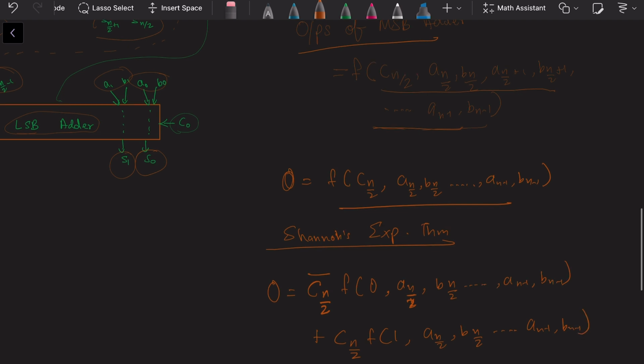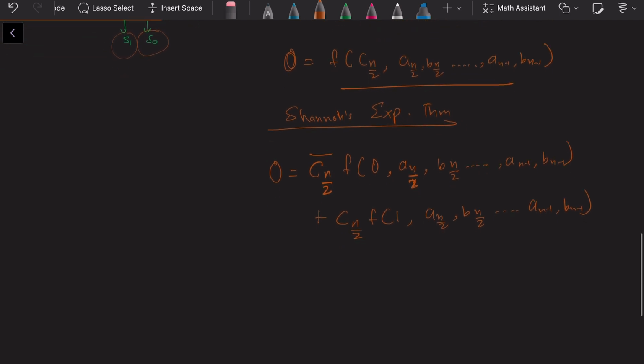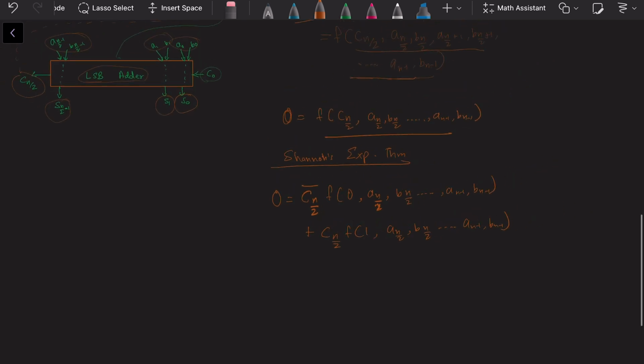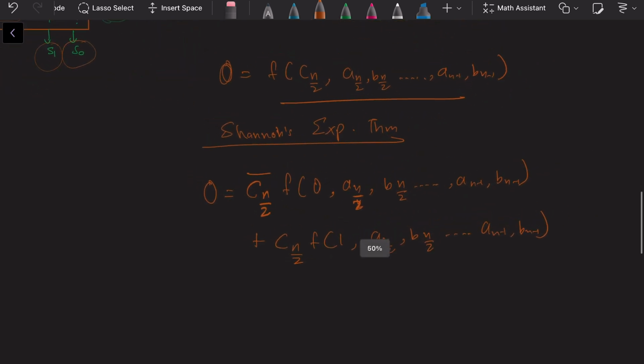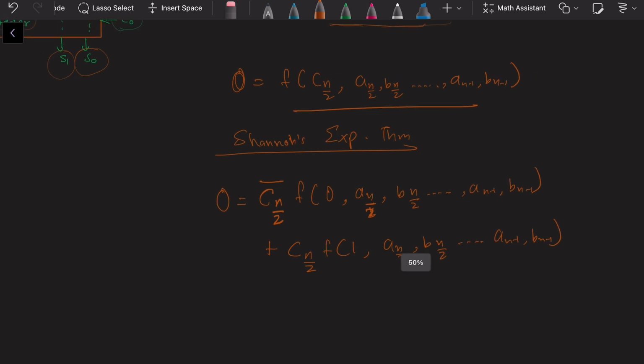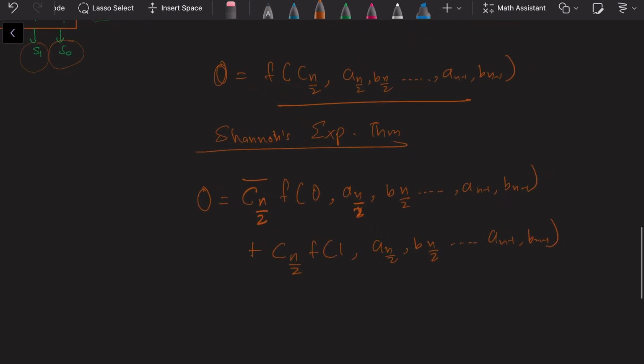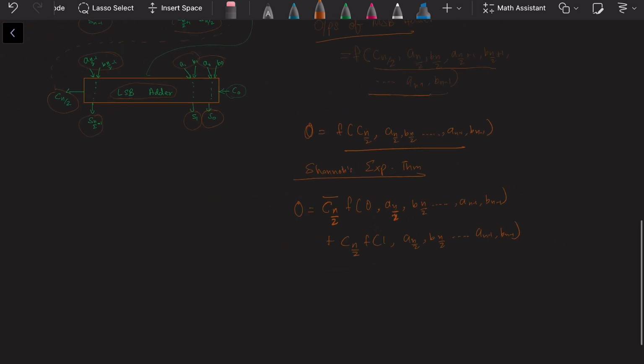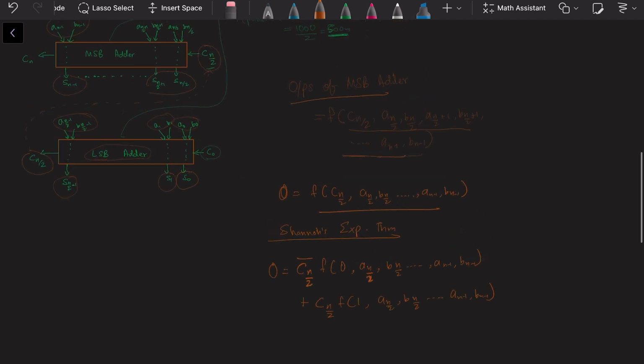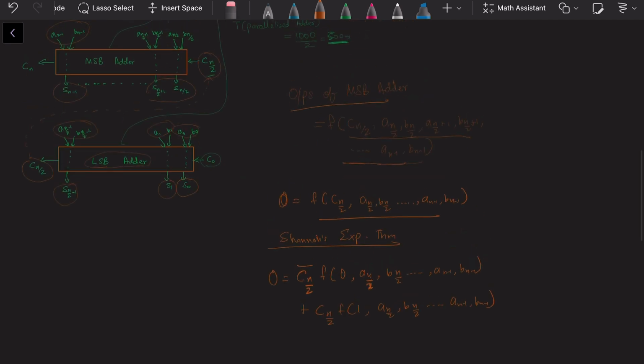Okay, awesome. So what that means is that we can now basically run the MSB adder, which is this guy, with this assumption. We can assume that the incoming carry into the MSB adder is 0 and compute all the outputs of it, right? Let's call it O1.